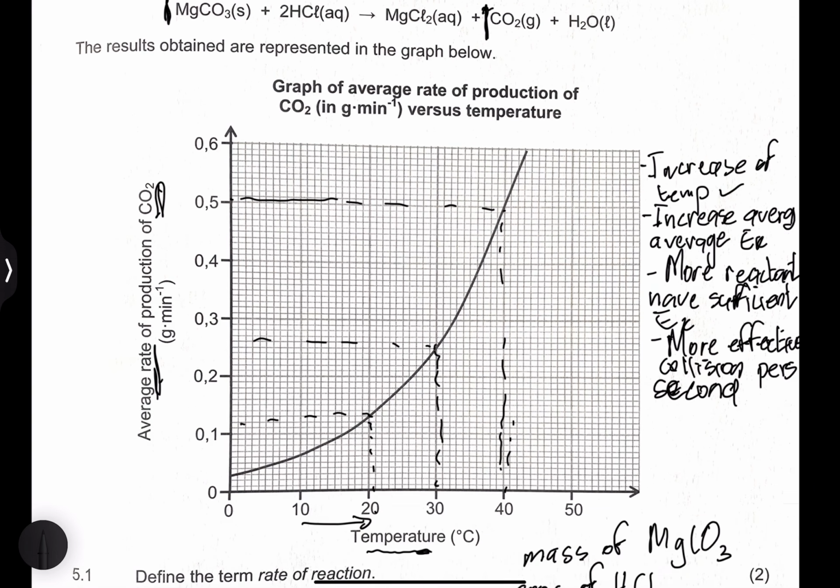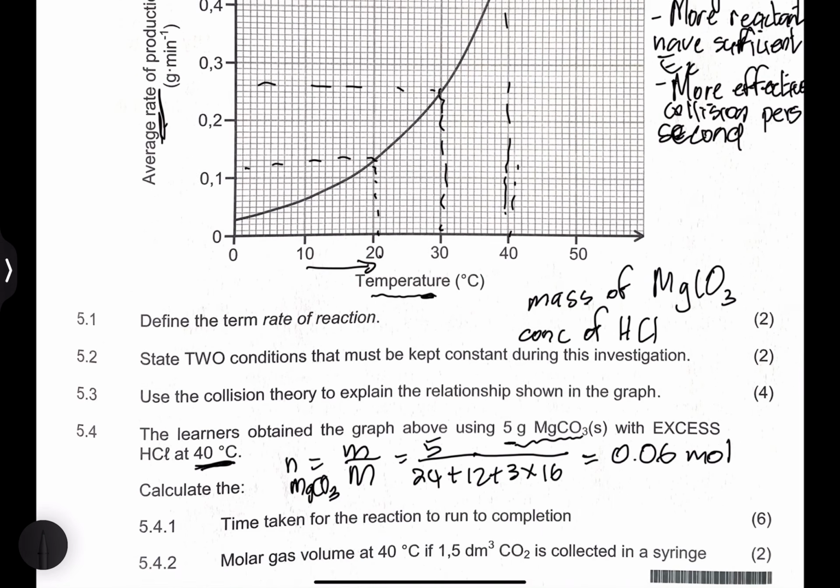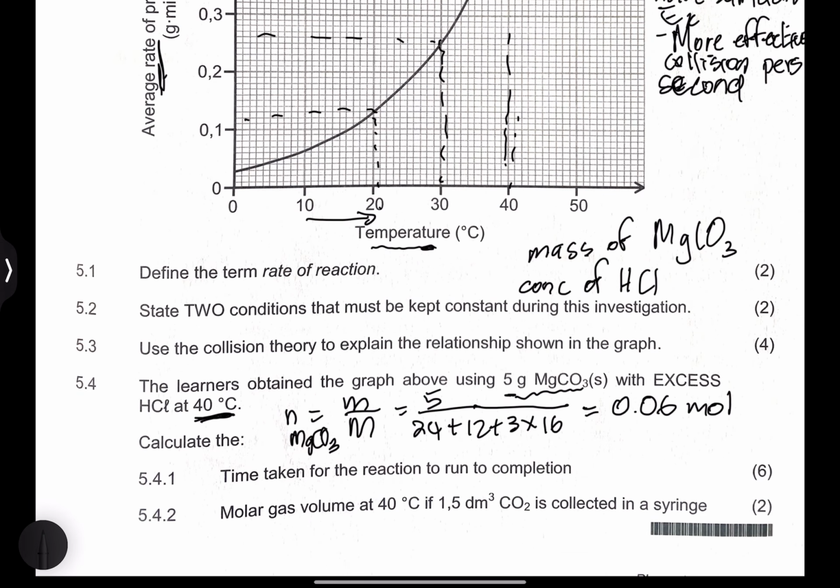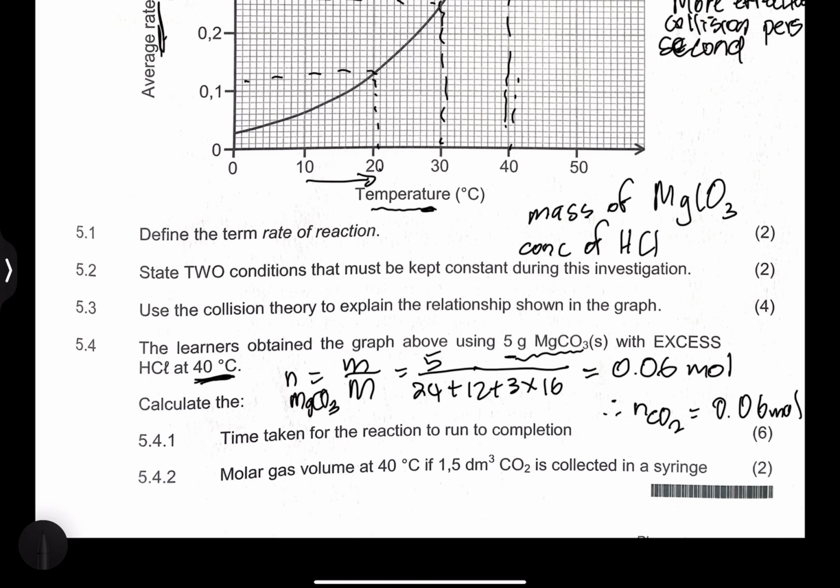So it means that the number of moles of carbon dioxide will actually be 0.06, which means the number of moles of CO2 will also be 0.06 moles, right? And why? Because the ratio is 1:1, right?